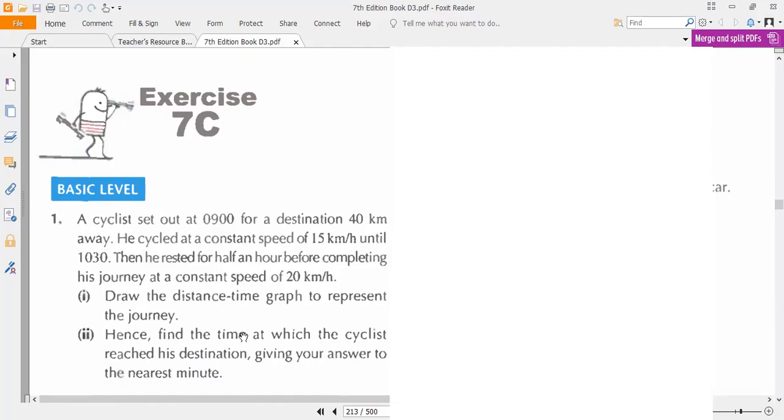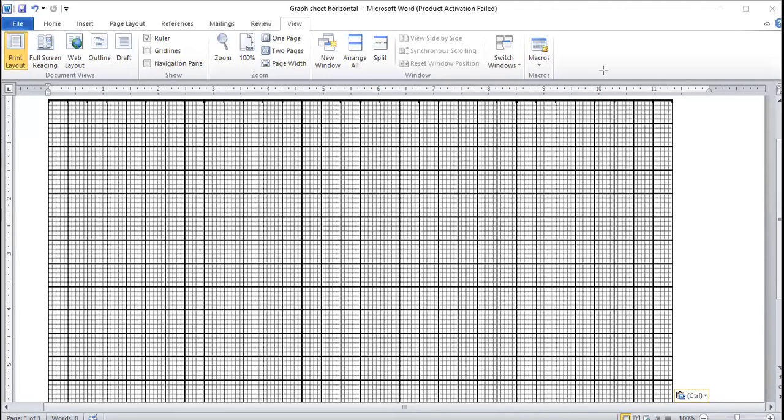Hence, find the time at which the cyclist reached his destination, giving your answer to the nearest minute. Okay, so this is the question which we are going to do over here. Over here, I'm going to draw my graph.